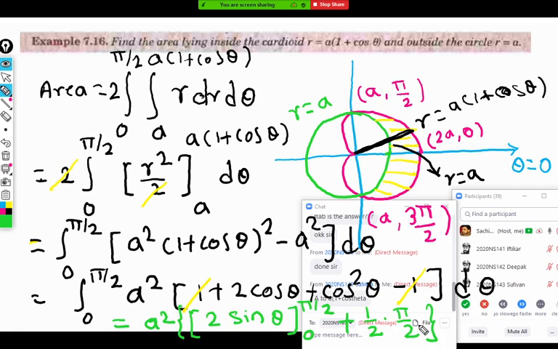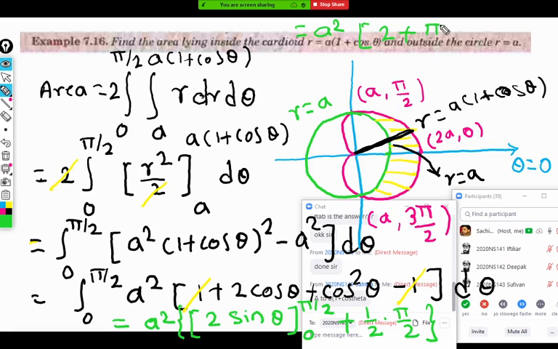Now if you observe here, if you put the upper limit, sine pi by 2 is 1, my mistake, and sine 0 is 0. So this is the last answer. a square will be as it is, so sine pi by 2 is 1, so that is 2 into 1, but sine 0 is 0, plus pi by 4.